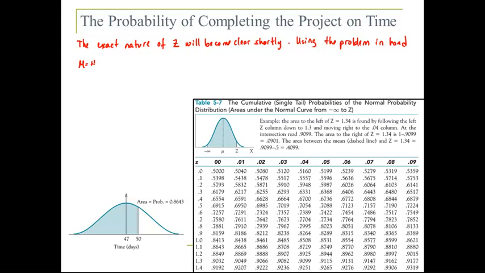Mu equals 47 days. We want to find out if we can complete this project in 50 days. So D is going to be 50.